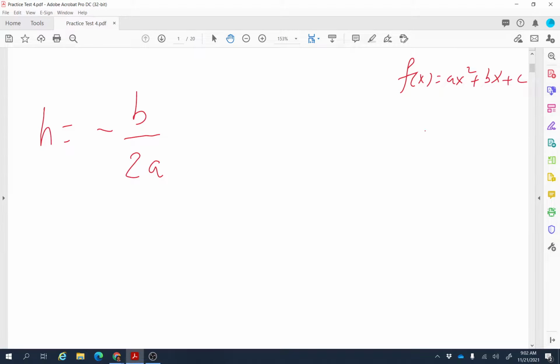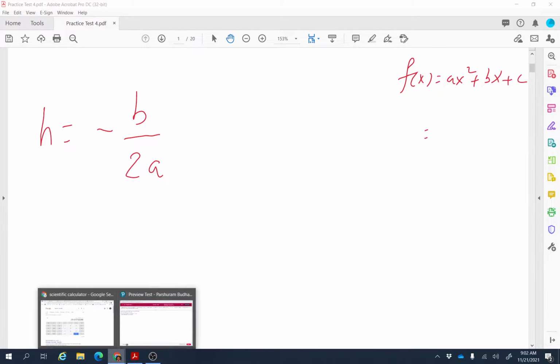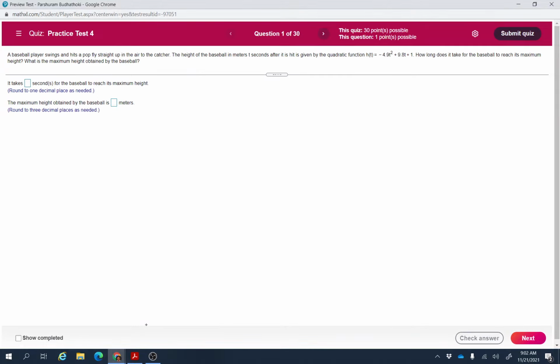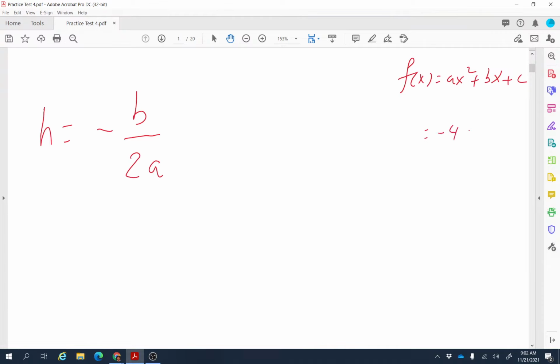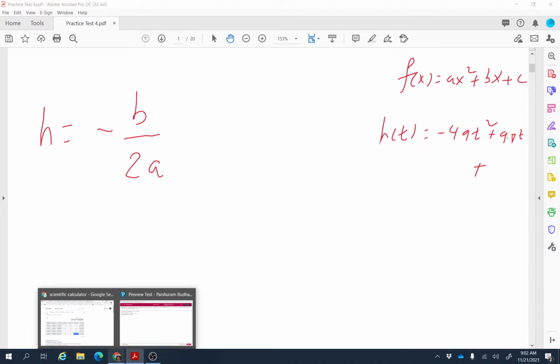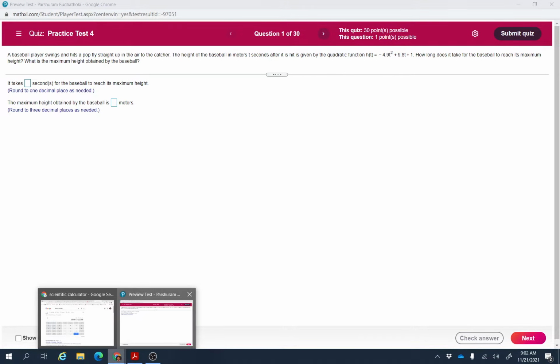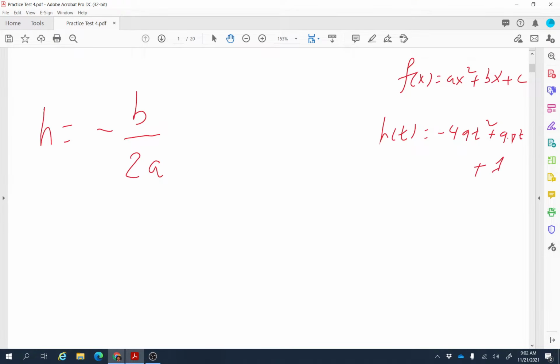In our case, it's a function of time, which is negative 4.9 t squared plus 9.8 t plus 1. The height is a function of time. If you compare, a equals negative 4.9, b equals 9.8, and c equals 1.